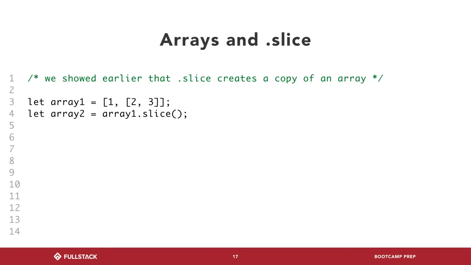Okay, cool. And then lastly, array.slice. The last thing I'll talk about with .slice is this idea of a shallow copy versus a deep copy. So let's say I have two variables, x and y.